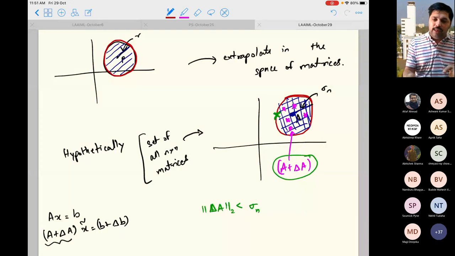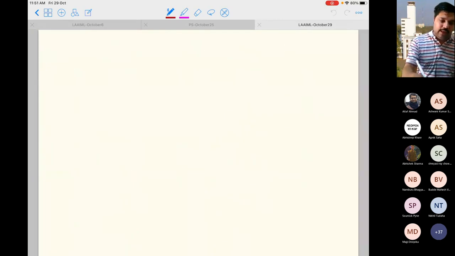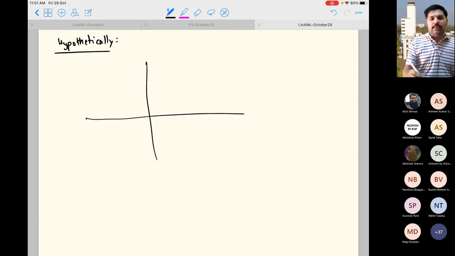So hypothetically, once again, if you look at this, this is the space of all n by n matrices.